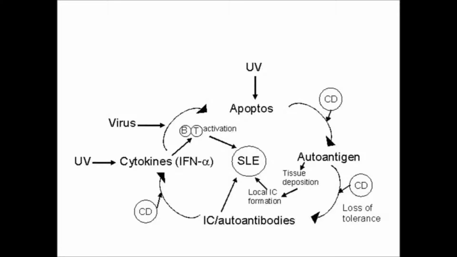You can see CD here signifies complement deficiency. These autoantigens will lead to formation of autoantibodies because we have loss of tolerance. There is no negative selection. B cells reacting against self-antigen will produce antibodies against cellular self-antigens, and this will result in formation of autoantibodies, as we said, or immune complexes. Some of these autoantibodies will reactivate dendritic cells to produce cytokines, which will result in inflammation and lead to more apoptosis, and this is a positive feedback cycle.